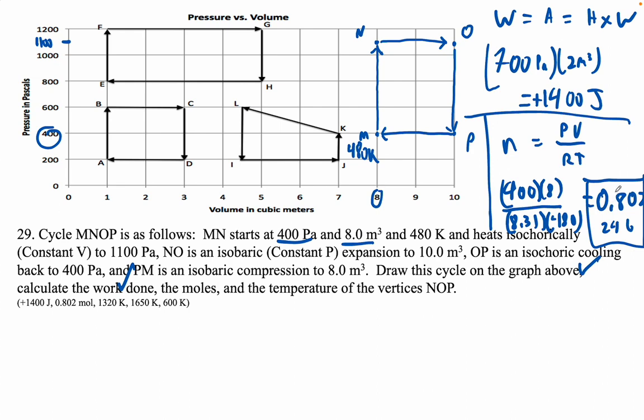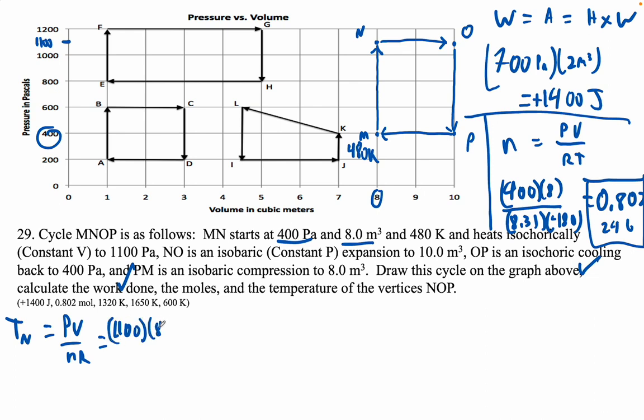Okay. Then it says find the temperature of the vertices. Okay, so let's find this temperature here. Okay, so N. Maybe the easiest way to do this is to go ahead and use the ideal gas law, right? So the temperature at N is going to be PV over nR, right? So at N, the pressure is 1100.